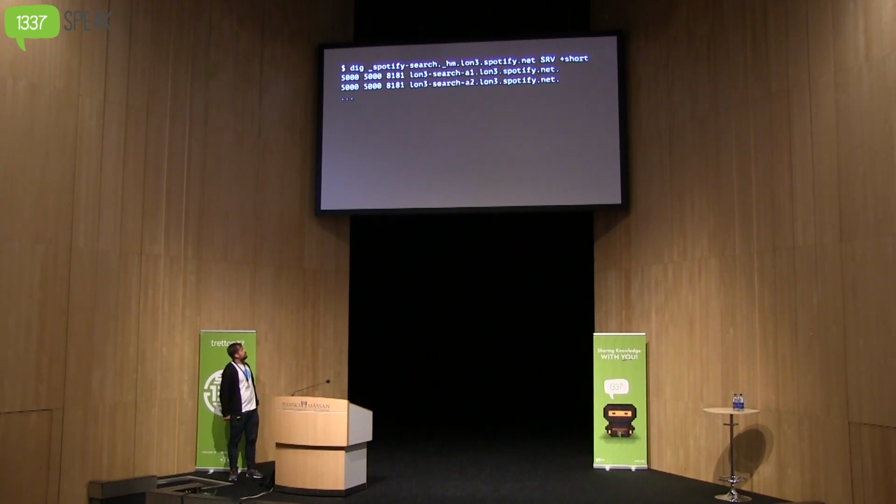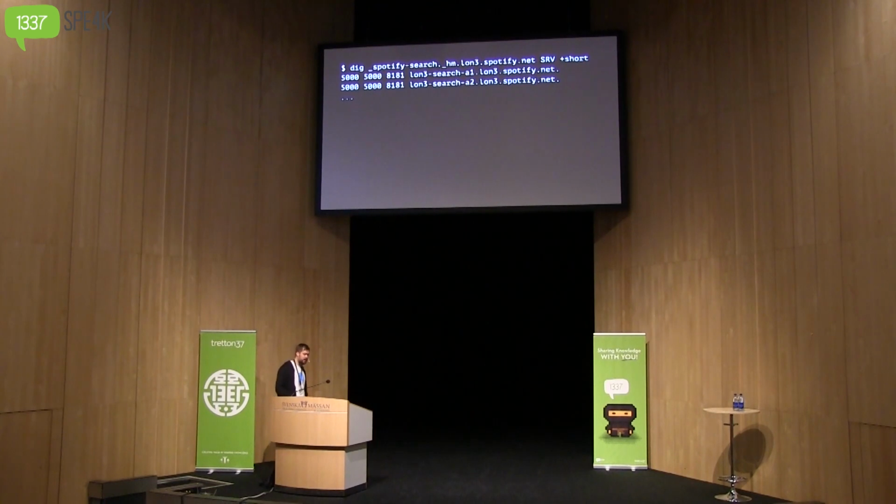So basically this says in this case that we have two search services, or well, a list of search services, and you get the host names, and the number before the host name is the port where this service listens. And the numbers before that are the priority and weight. So you can actually use this for load balancing as well.